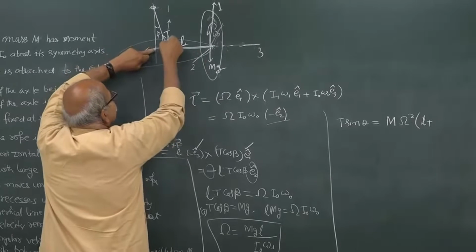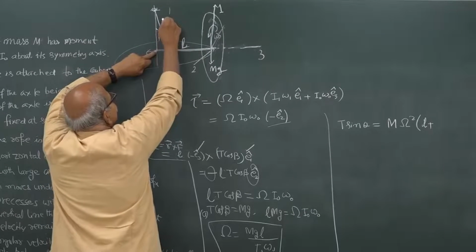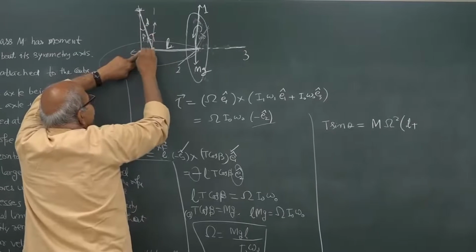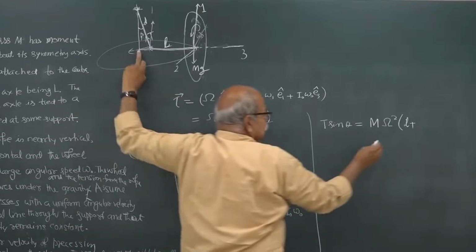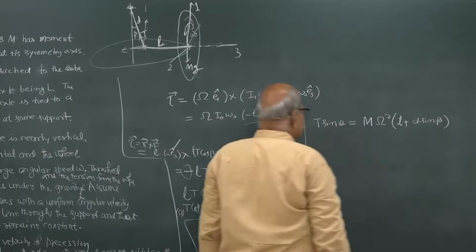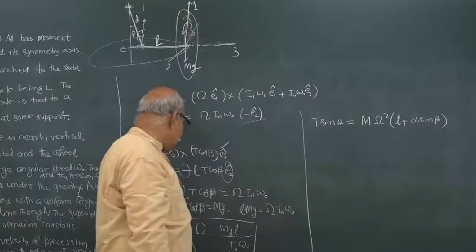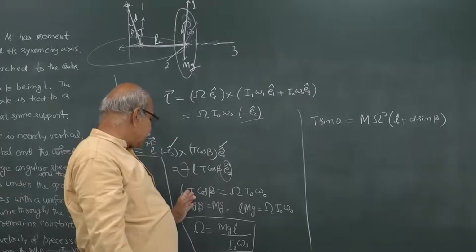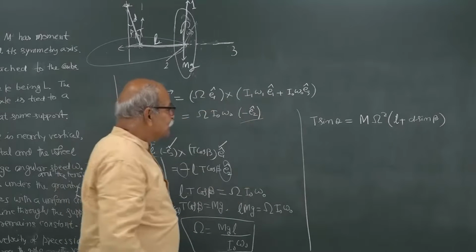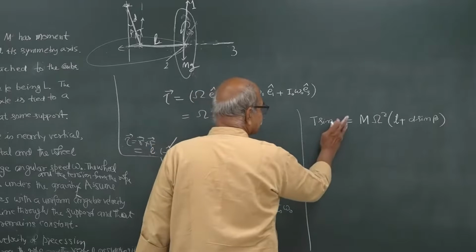So, L plus, if this distance is d, it is d sin beta. And T you can again write from here, and then things can be written there, but let me do this is beta.